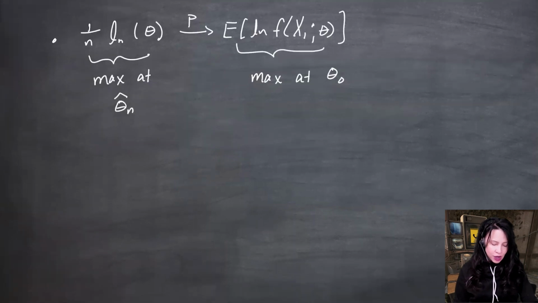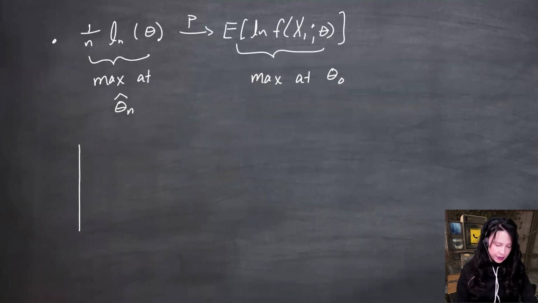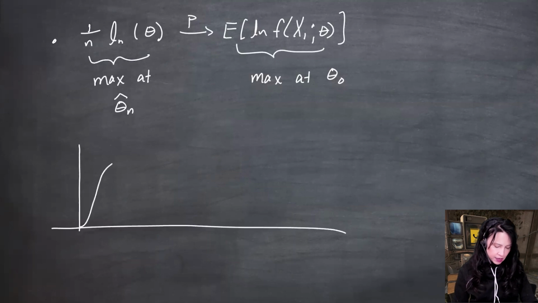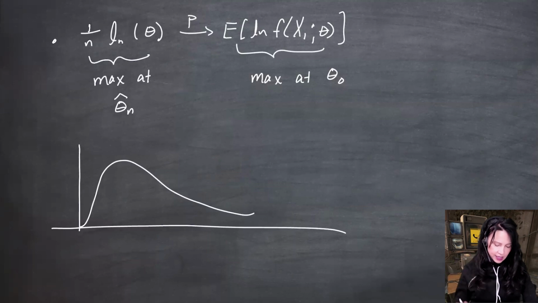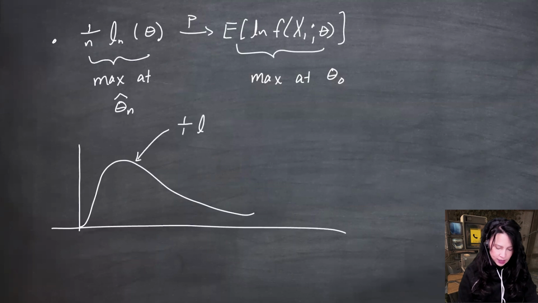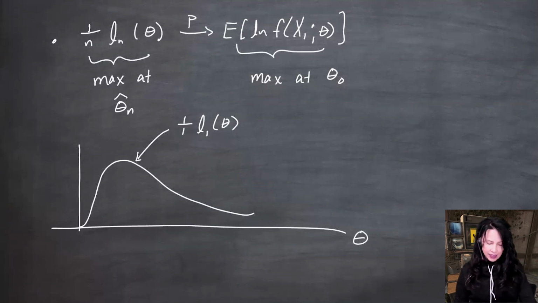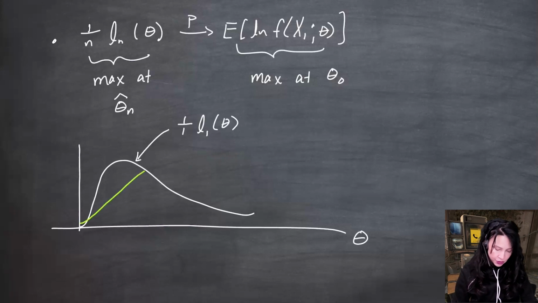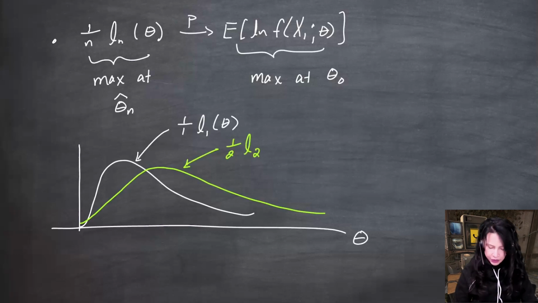So let me try to draw what's going on here. It's going to get to be a crowded picture. So maybe this is 1 over 1, the first log likelihood of theta as a function of theta. And then if we move up to a sample of size 2, we get something like this. So maybe this is 1 over 2, the log likelihood depending on 2 x's as a function of theta.